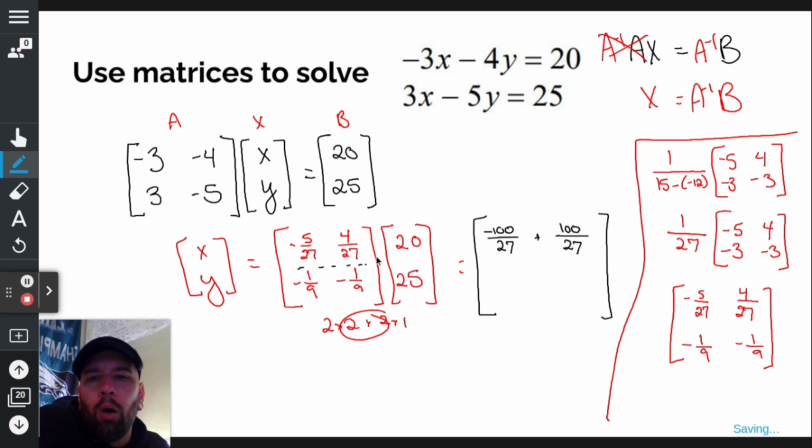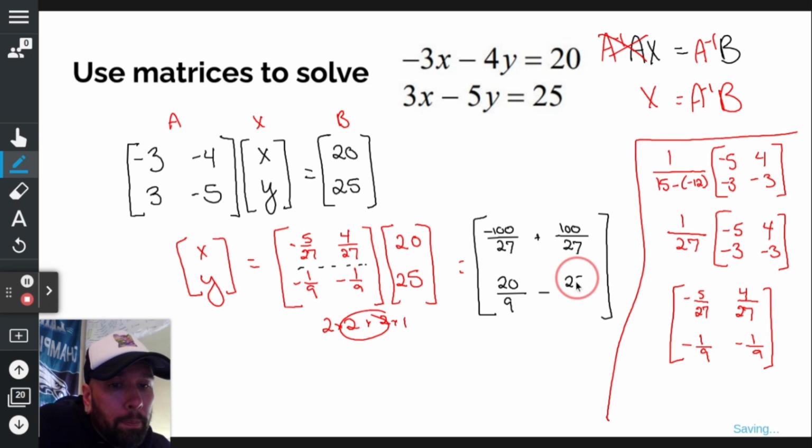Negative 1 over 9 times 20, so 20 over 9, minus 25 over 9.